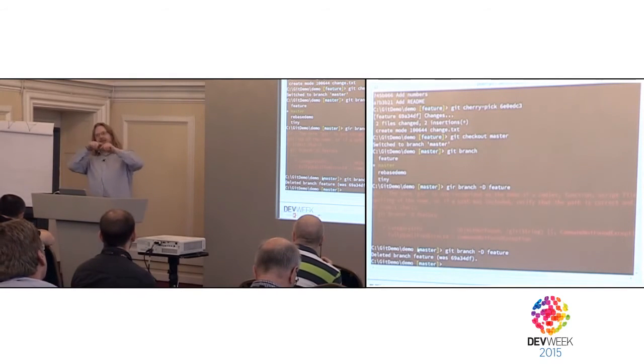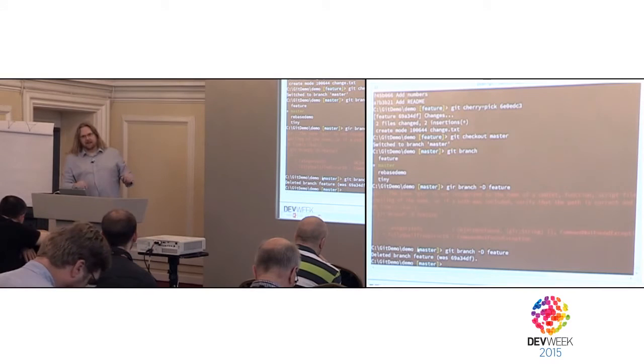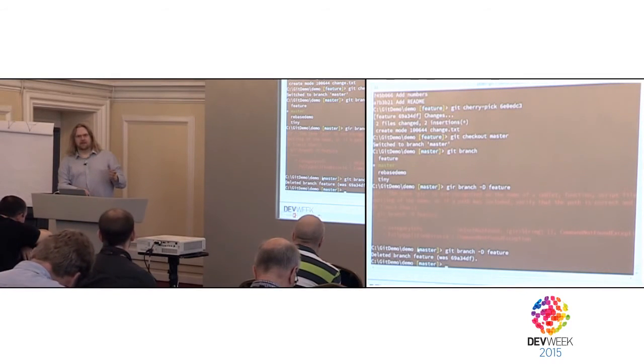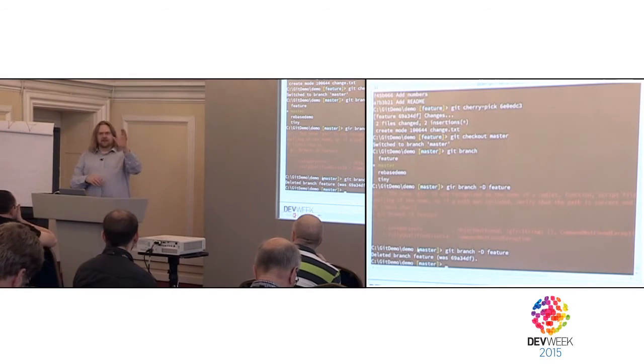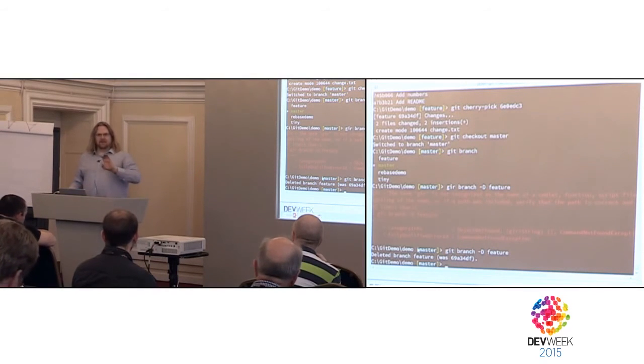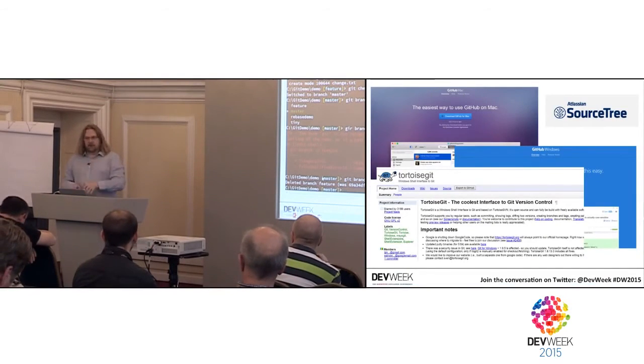I get nice graphs, and I can just double-click on a branch name and it sorts things out for me, and it also allows me to do nice things like partial commits. So if I've got a file where, say, two sections have been changed, but I want them done as separate commits, things like SourceTree make that easy. You can do that from the command line, but it's much harder to do.